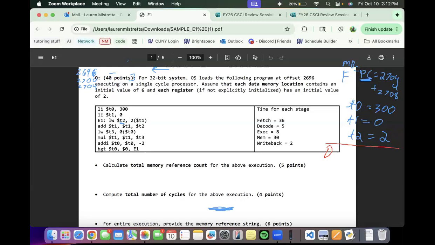Now then for decode, what's going to be changing here? Well, now we're going to realize what the operands and operators are going to be. So at this point, we know that our memory bus program counter is definitely going to be 2708, because at the end of the fetch state, this gets changed to 2708. So I'm going to be leaving that as 2708, and these registers are still going to be staying the same.